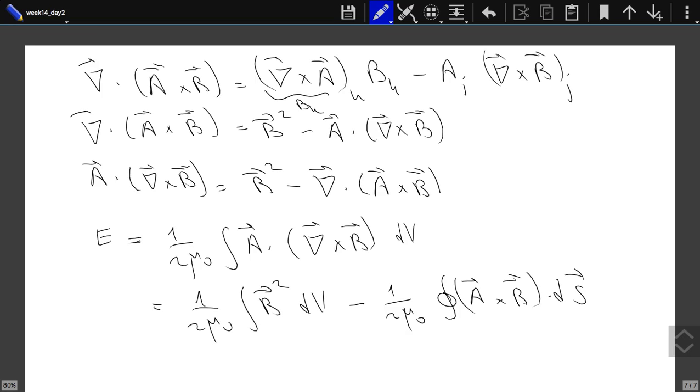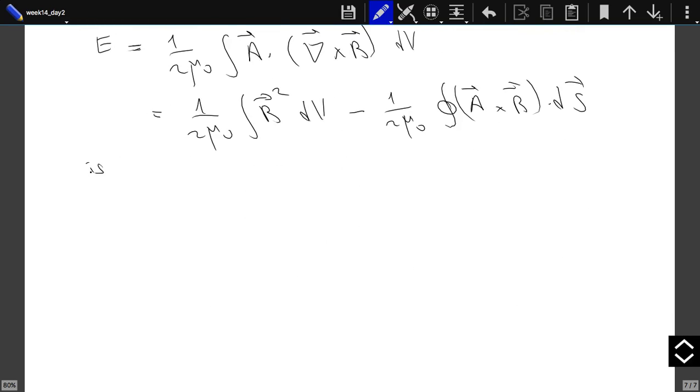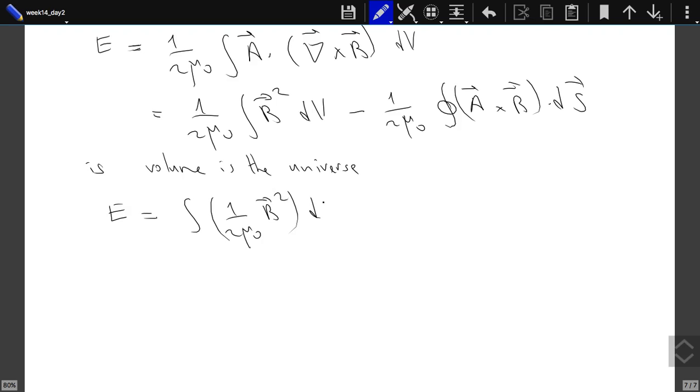So the surface is at infinity. If the volume is the universe, the total energy stored is just 1 over 2 mu 0 B squared integrated over the volume. So here we have an energy density, the density of energy stored in the magnetic field.